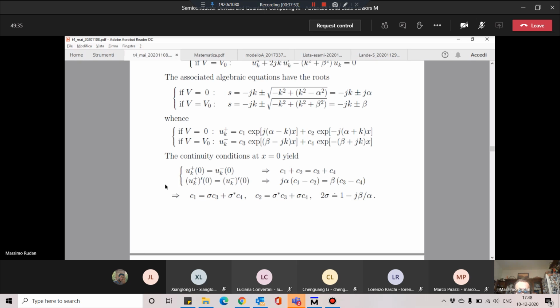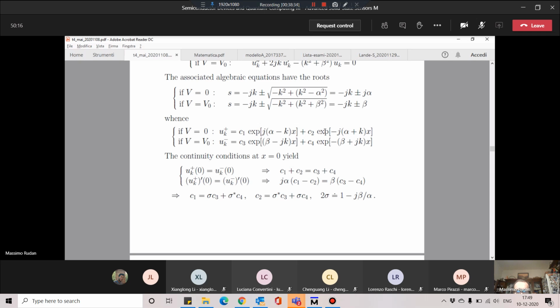The other condition is that you impose the continuity of the derivative in the origin. So you have the derivative of U_K plus at 0 must be equal to the derivative of U_K minus at 0. The derivative is, for U_K plus, in the first term you multiply by j alpha minus k.